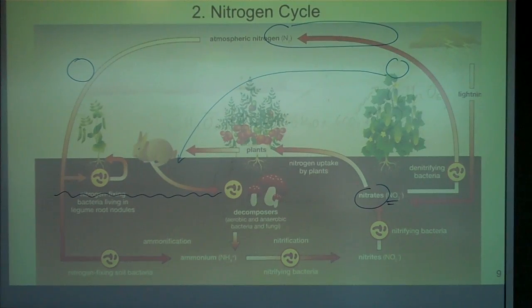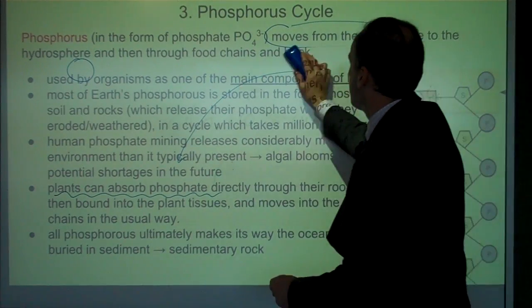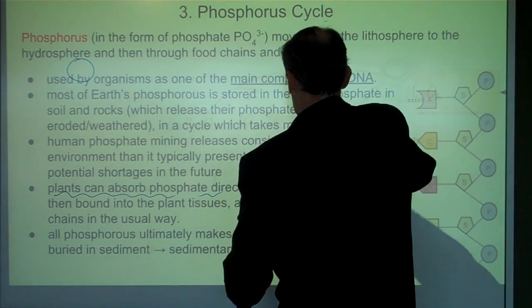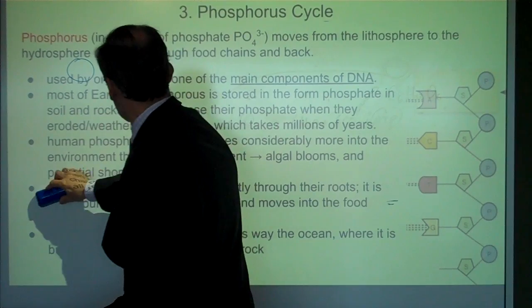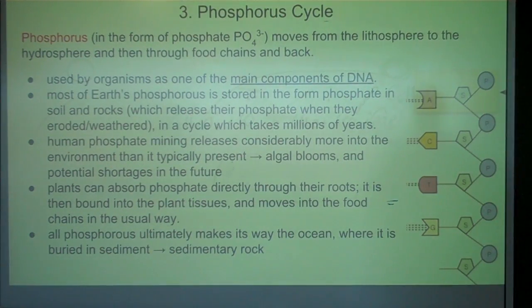Let's have a look at phosphorus quickly. The phosphorus cycle. Now phosphorus again. Now, for you, what's the DNA backbone made up of? Phosphorus and a 5-carbon sugar.